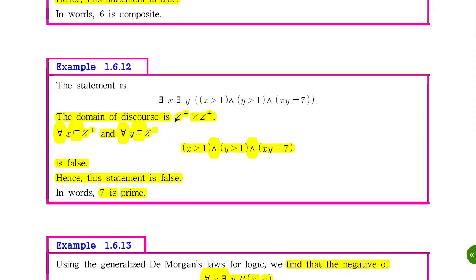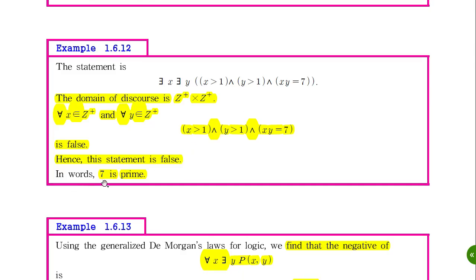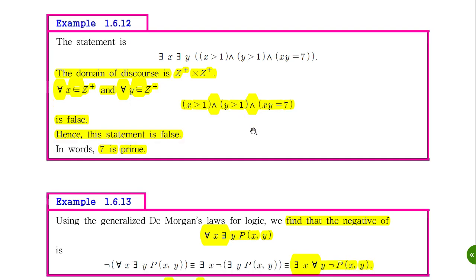There exists x, there is y, such that this is true. This is false because if we choose 7, then xy is equal to 7, where x and y are positive. 7 is a prime number, so a prime number is not a product of two integers other than 1 and itself: x is 1 and y is 7, or vice versa.